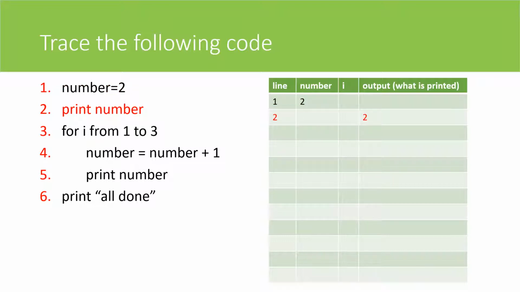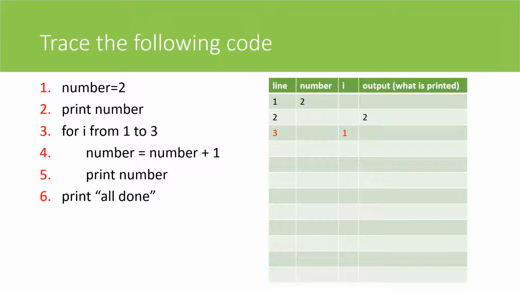In the next step, we print out the number 2. So on line 2, our variable number is still 2, so we don't actually need to put the value in there. If it doesn't change, we can just leave it blank. Again, there's nothing for I as well, because we haven't got that far yet in the program. And our output is now 2, so that prints out 2.